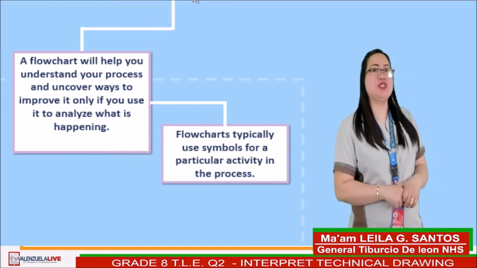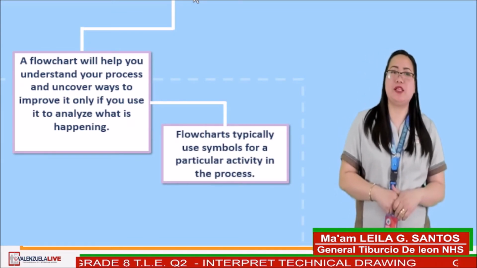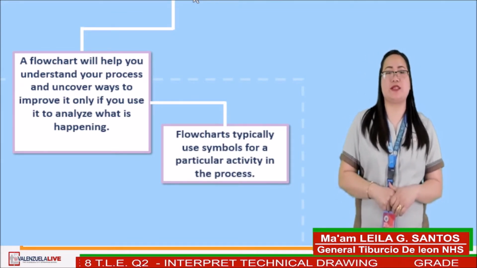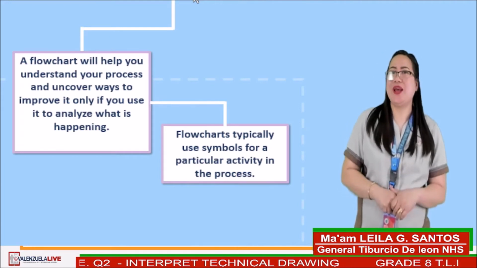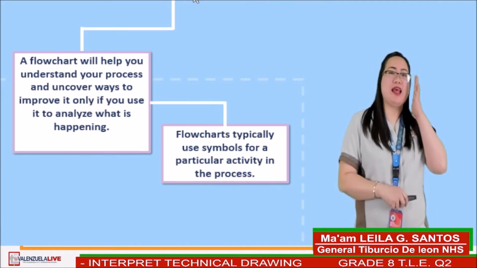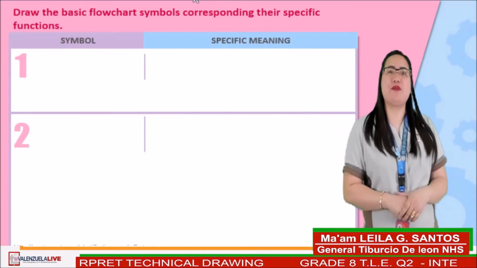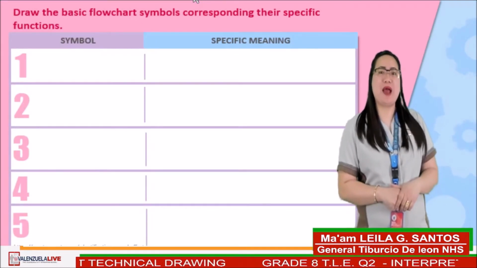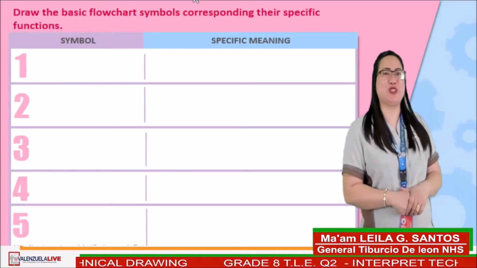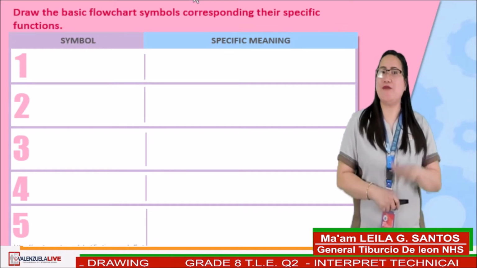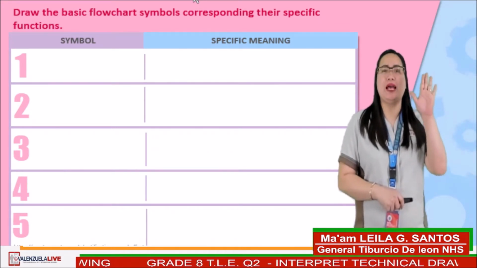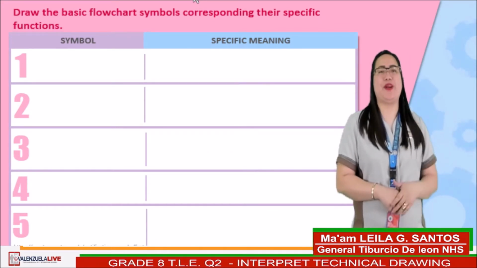Flowcharts typically use symbols for a particular activity in the process. And now, my dear learners, let us try to draw the basic flowchart symbols corresponding to their specific functions. You have only 5 seconds to draw a symbol in every number.